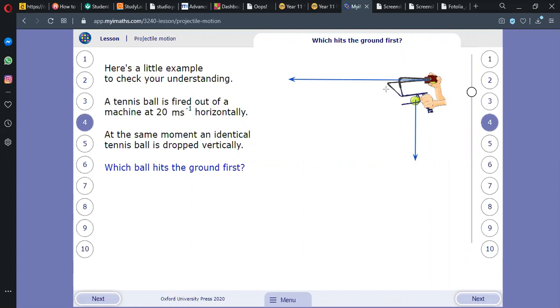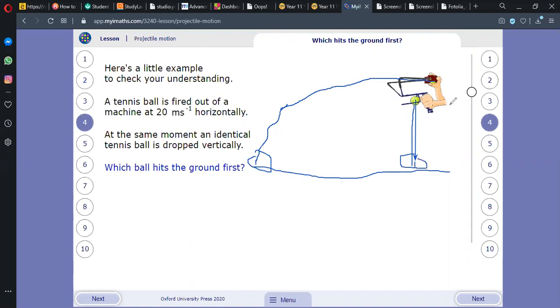You're going to expect that line to go like this and then drop, and this one is going downwards too, and probably hits, let's say this is the ground. So this drops and this drops. So the question is, which one is going to hit the ground first? Is it the first ball this way or the one that just dropped this way? So let's find out.